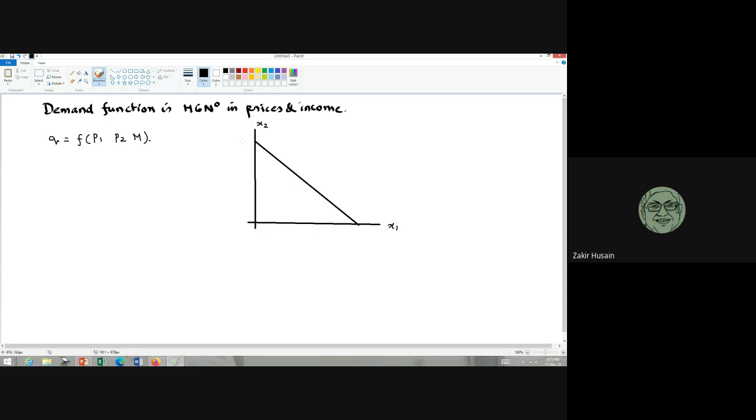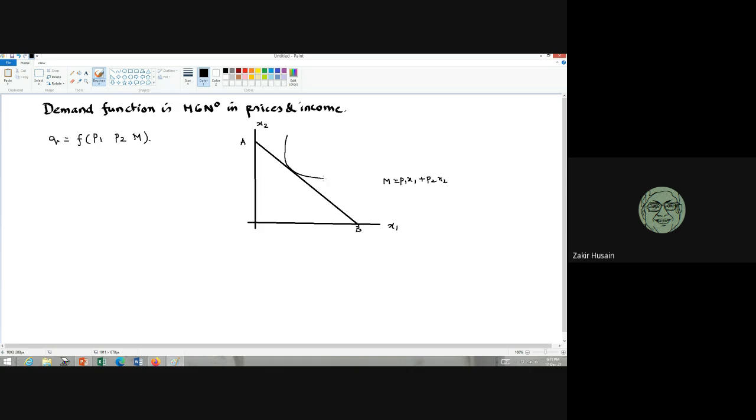So this is the budget line given by AB, and its equation is M equal to P1x1 plus P2x2.